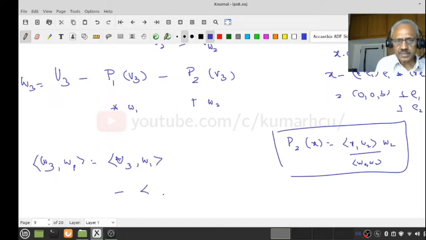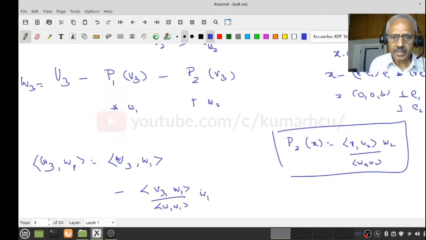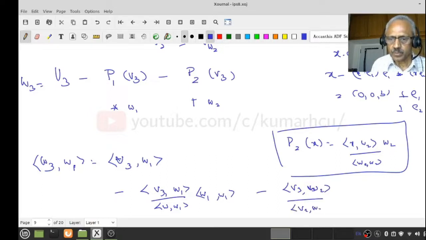That is nothing other than <V3, W1> W1 by <W1, W1>, and inner product W1. Next will be <V3, W2> W2 by <W2, W2>, inner product W1, because I am starting with W3.